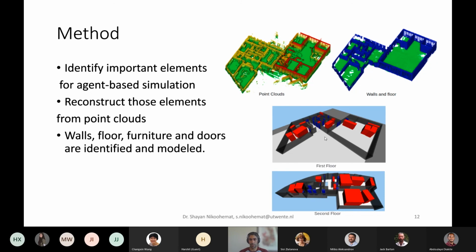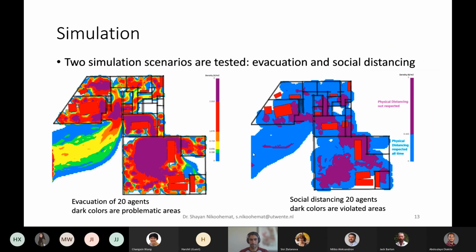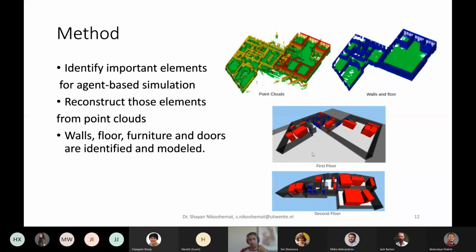Here you see the first floor and second floor. Red ones are obstacles, which are some of the furniture, and blue ones are the locations of the doors. Then they were able to import this 3D model into their simulation software.